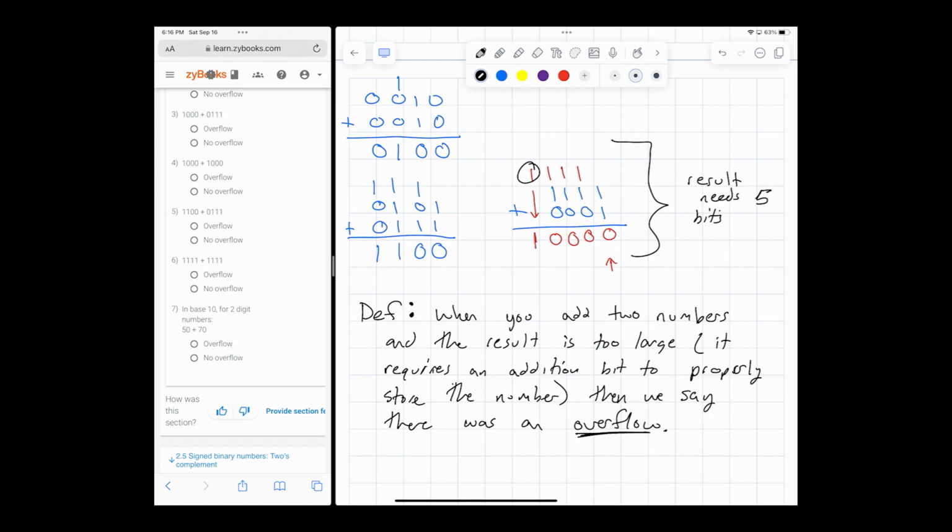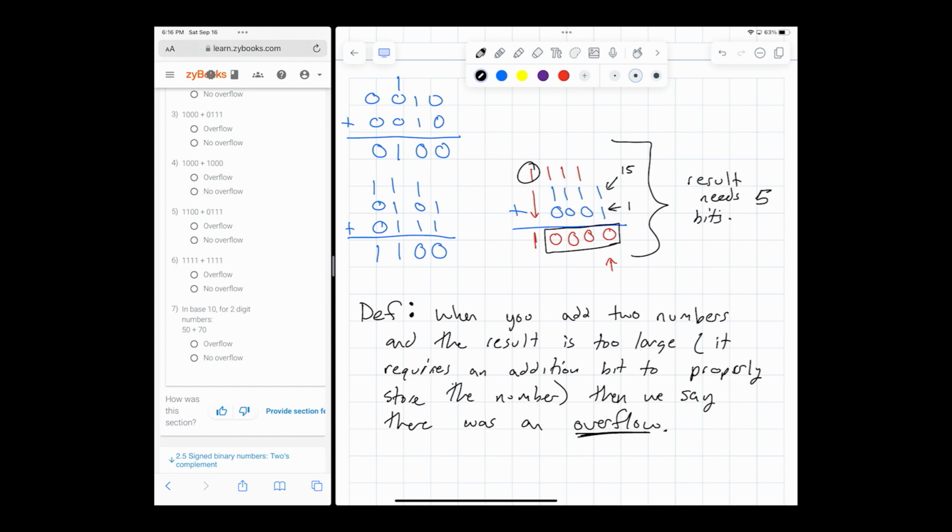And so if we only had 4, these are the 4 that you would get. So we added this number, which is 15, and this number, which is 1. The result is just 16. But if you only had 4 bits, then the result would be what I put the box around, which is 0, 0, 0, 0, which is 0.